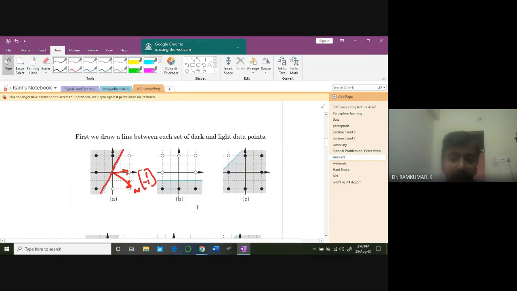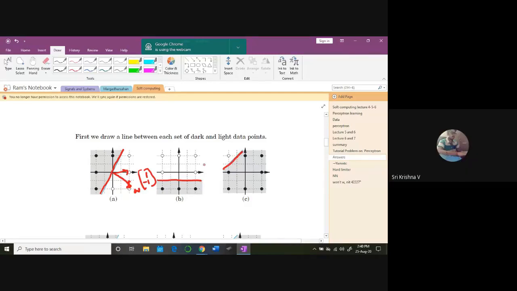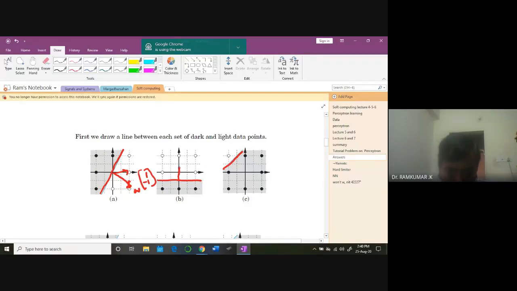What about the second case? I can draw a line. And for the third case, the line. The weight should be like this. Exactly. I can choose my weights like this. So it's going to be like this. For the third one, the weight should be like this.